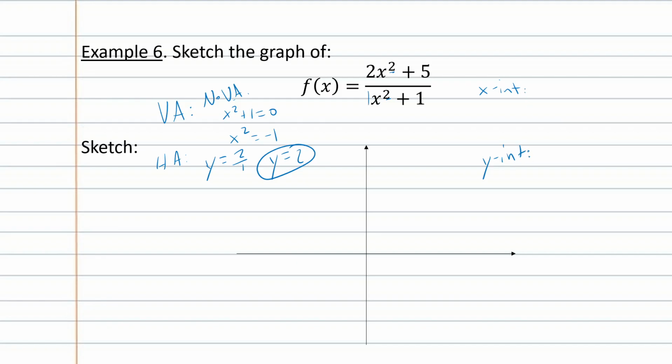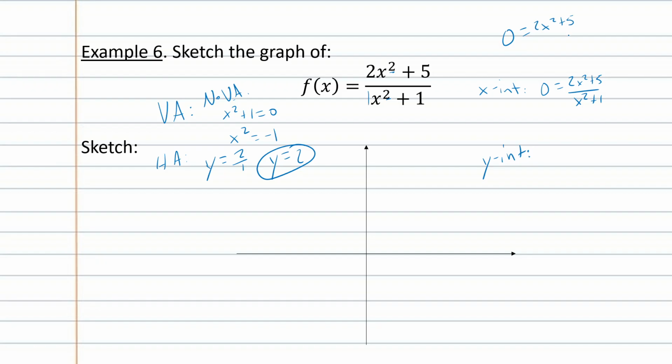Okay, now my x-intercept here, like I said, I need to set y equal to 0 and solve for x. So it would be 0 equals 2x squared plus 5 over x squared plus 1. If I multiply the x squared plus 1 over, I'm going to wind up with a scenario where I'm really just trying to solve 0 equals 2x squared plus 5.